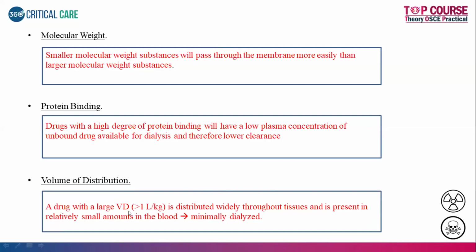All the drug from the blood will go and settle in one of the organs, so it cannot be removed from the plasma. So it is minimally dialyzed. Your volume of distribution should be less than 1 liter per kg to get excreted through the extracorporeal therapies. Okay, so small molecular weight, less protein binding, and less volume of distribution.